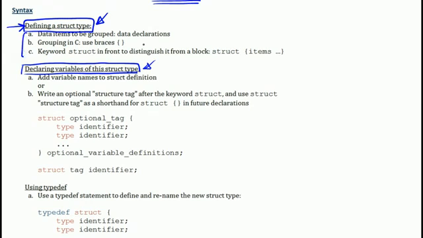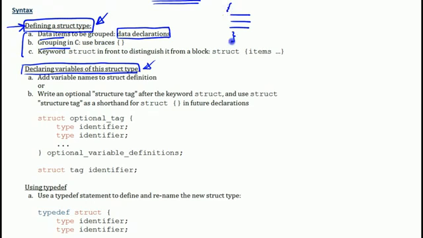First of all, what is a struct? We said it's a collection of variables, so a collection of data items. So first of all, you're going to need a number of data declarations. So 1, 2, 3 data declarations of your choice, the variables that you want to put together. And then in C, the way we usually group things is by using braces.